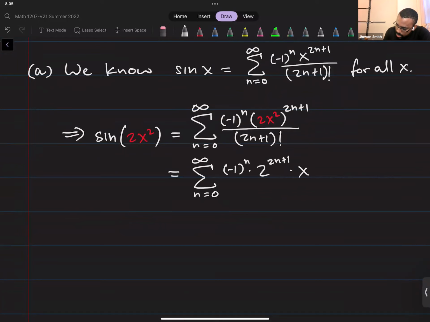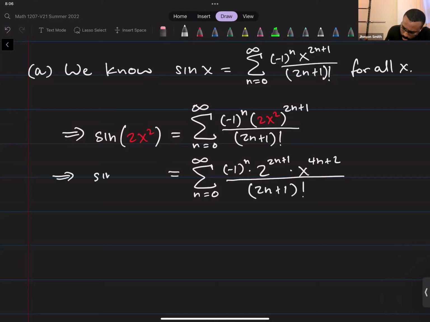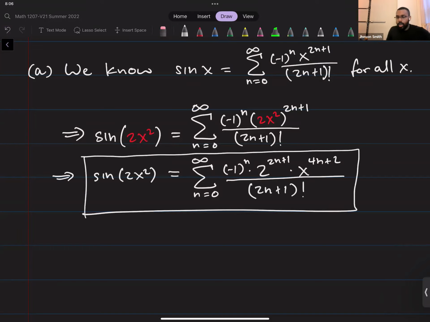And then this is going to be x to the 4n plus 2, so the x is always going to have an even power here. And this is over 2n plus 1 factorial. I don't think we can clean it up any more than that. So that is the series for sine of 2x squared. And I already know it has an infinite radius of convergence. This will also work for all x.